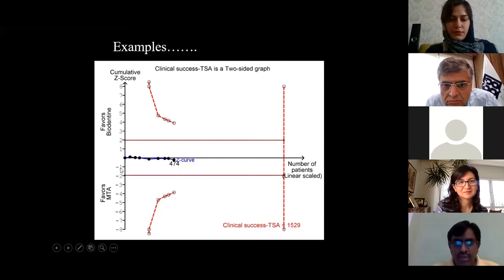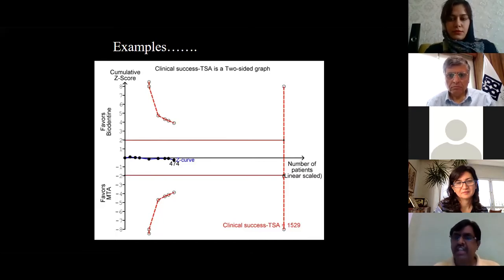Can you see this blue line? The Z curve has stopped here at 474. So in total I have 8 studies, and in those 8 studies the number of samples is 474. Can you see my cursor here?